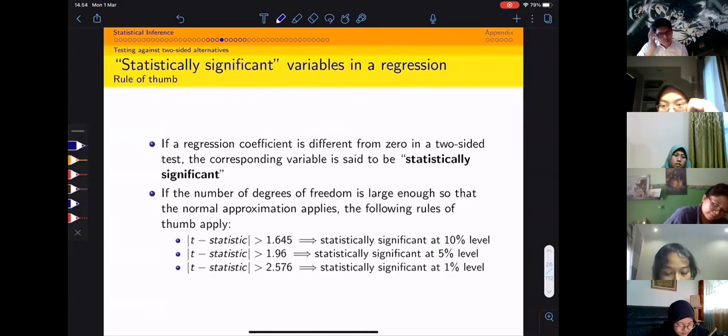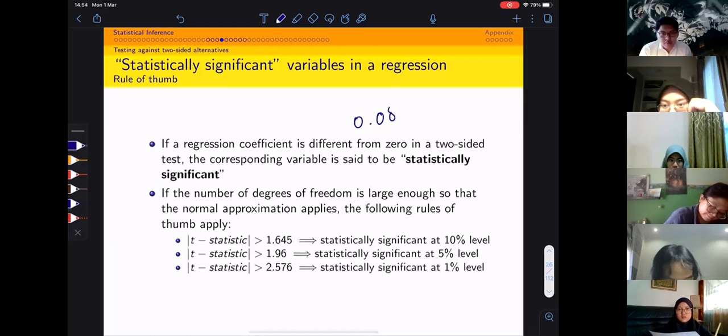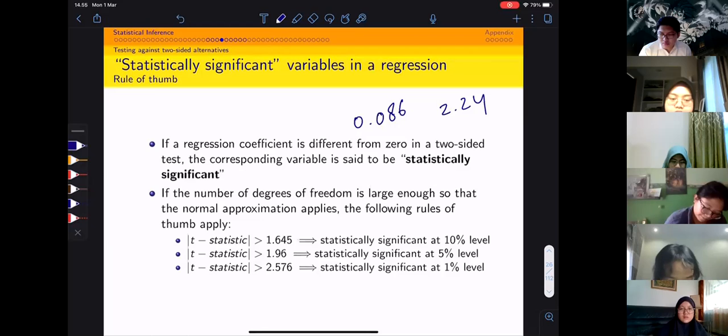All right. So I've been saying statistically significant. What do we mean by statistically significant? Basically, if a regression coefficient is different from 0, again, the number could be 0.086, the number could be 2.24. But even if the number is 2.24, if the standard error is very large, then we cannot actually distinguish 2 from 0.